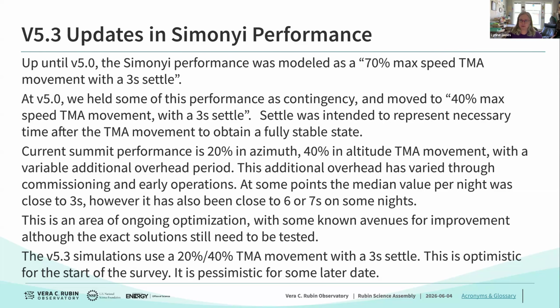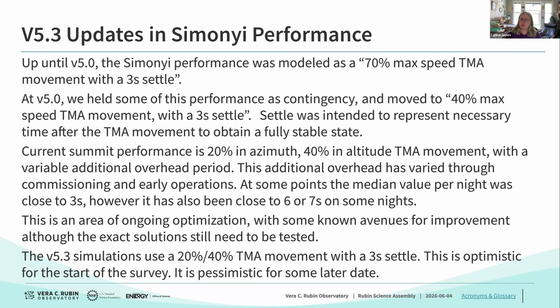At v5.0, we switched to single snaps. We also knew that the TMA performance might be a little problematic, so we held back some of that performance. We went down from 70% max speed TMA to a 40% max speed TMA movement, still with the 3-second settle.